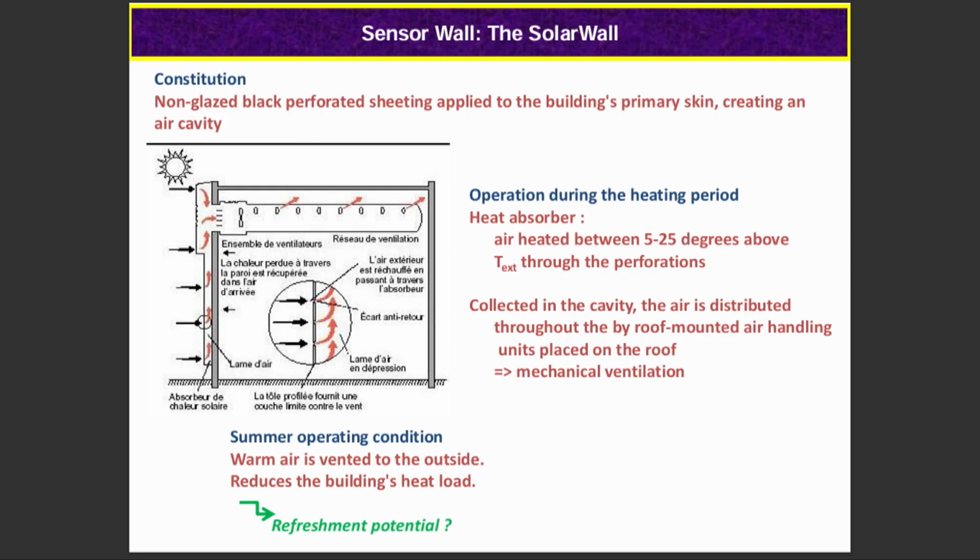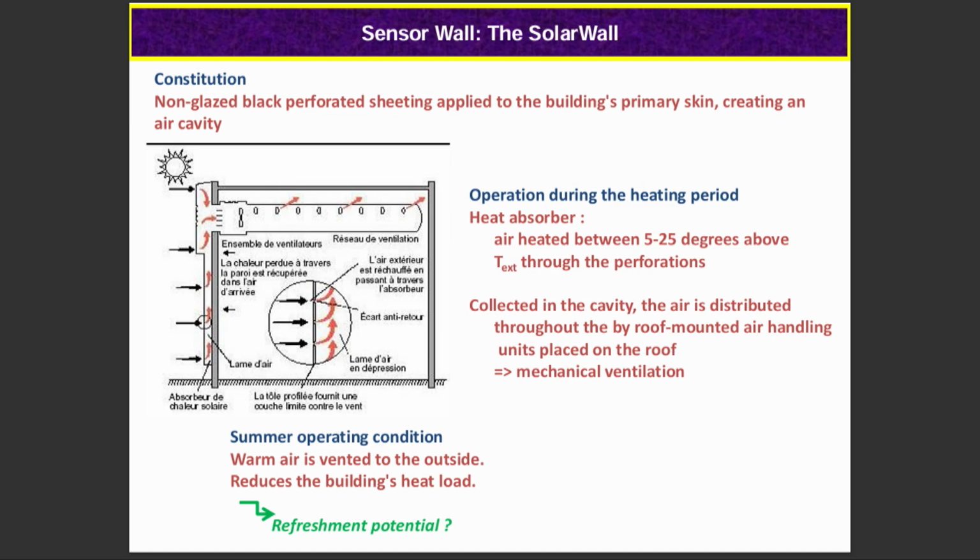I think you know all this. We didn't work really on this. It is a solar wall. So it is a perforated steel skin. Have you seen that? So the first skin is a micro-perforated steel skin, black, okay?